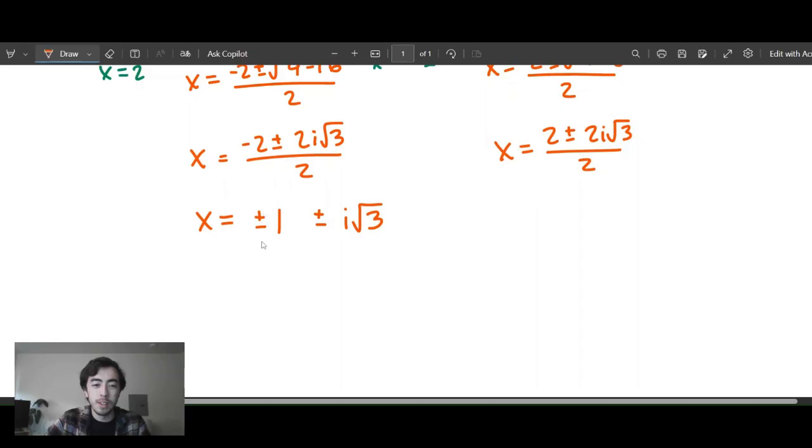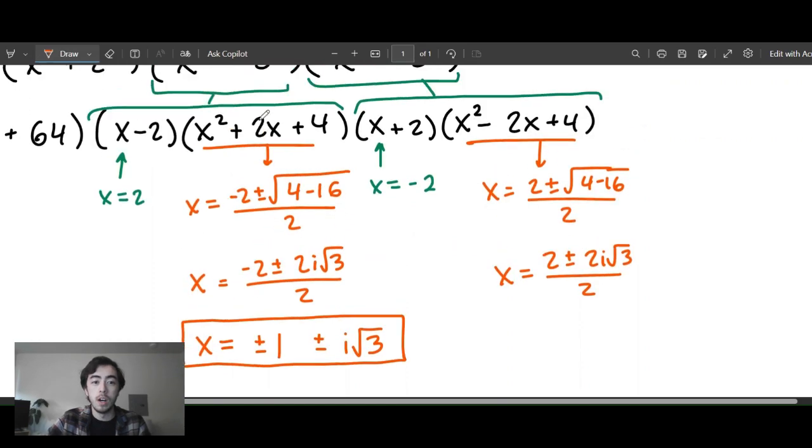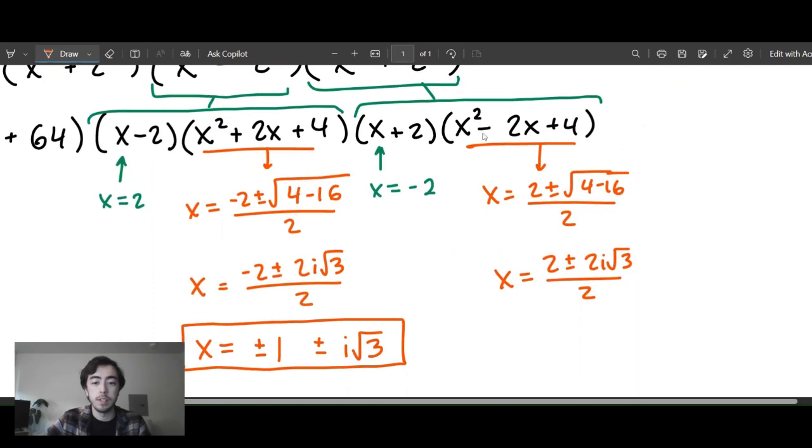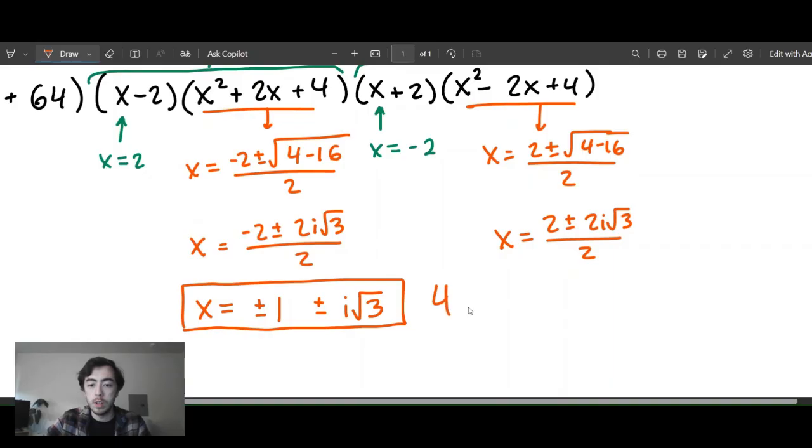Because this could be a 1 plus i root 3, or maybe it's like a negative over here. This is me being a little bit silly, but a little bit concise, to say that I have 4 complex roots by using the quadratic equation on these quadratic factors here. So I'll write that: 4 complex roots.